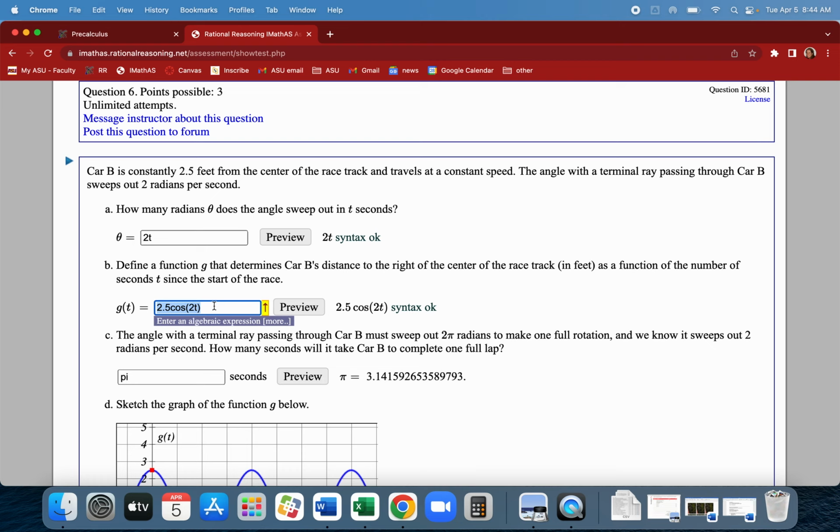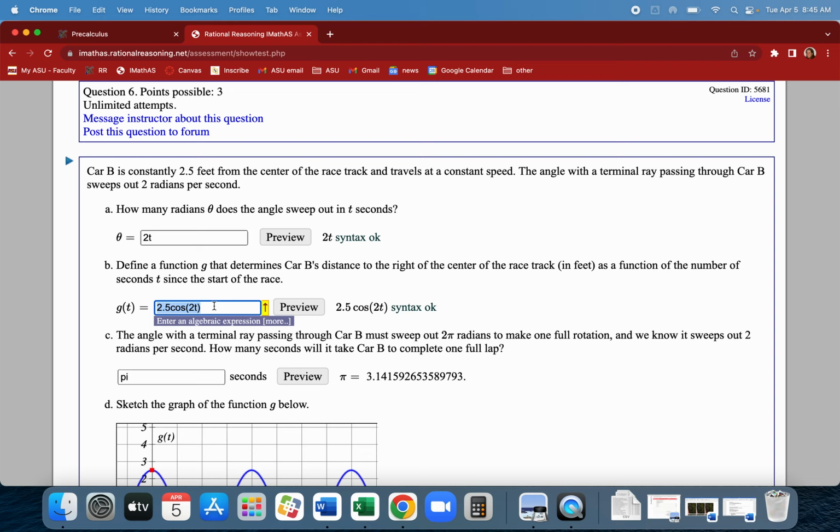But this car C, if I wanted to track its horizontal position, it's got a radius of 3 feet. So its horizontal position, so its x value is 3 times the cosine of, well, in terms of time that's gone by, I'll use t variable as before, of this 1/3 t.